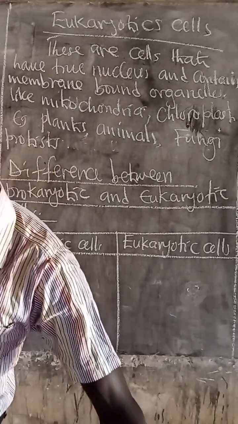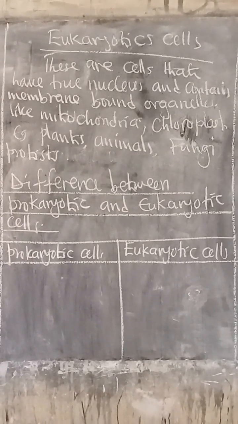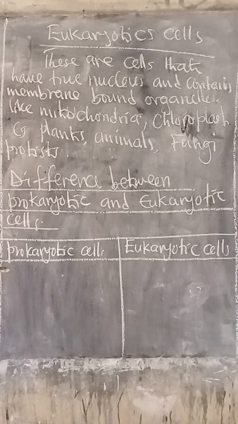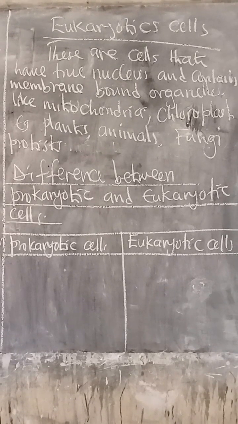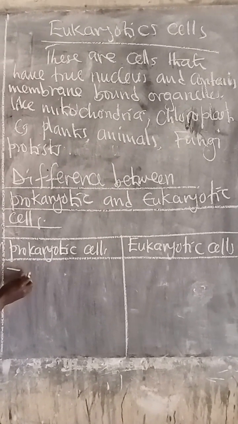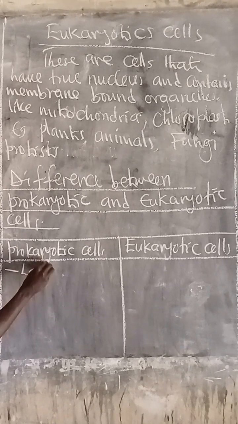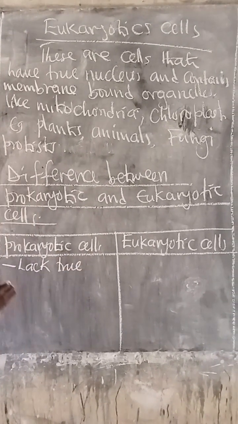Now, we can derive the differences from the definitions here. Prokaryotic cells are cells that lack a true nucleus. So one of the differences is that prokaryotic cells lack a true nucleus.